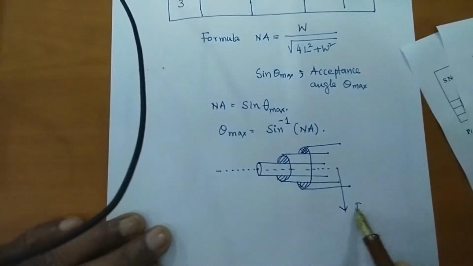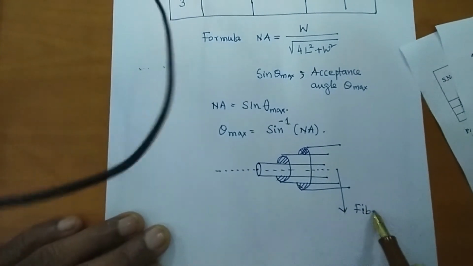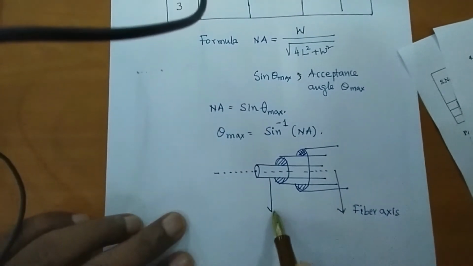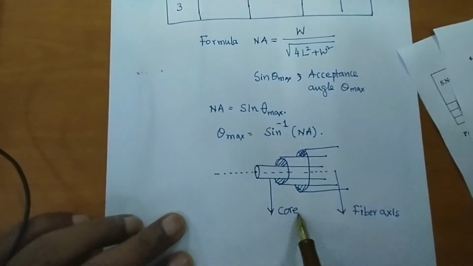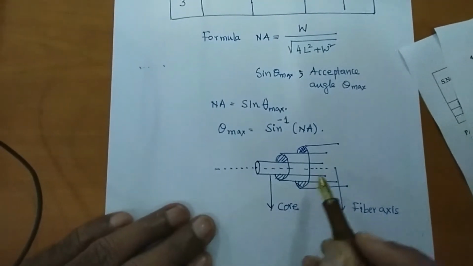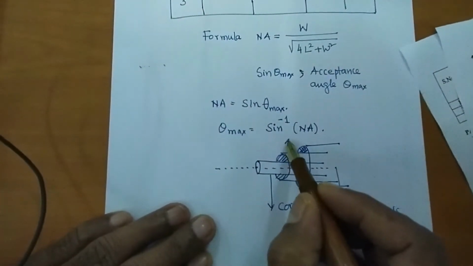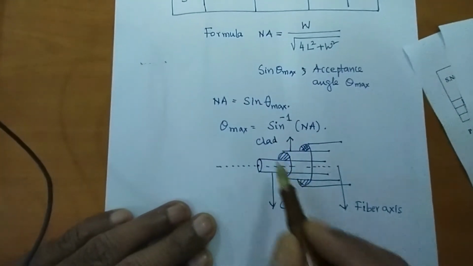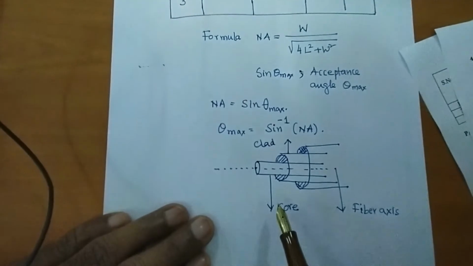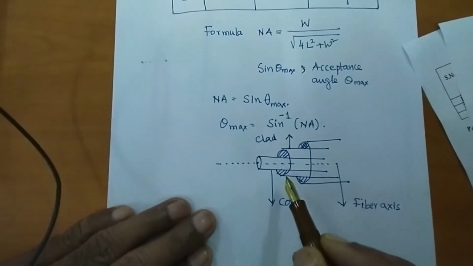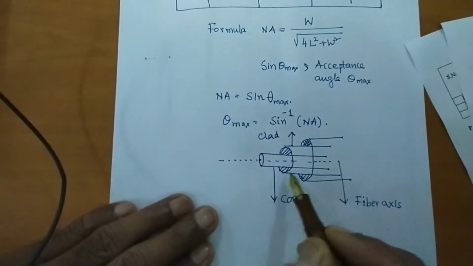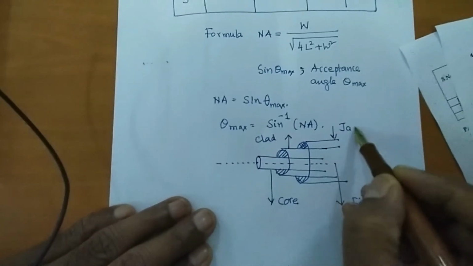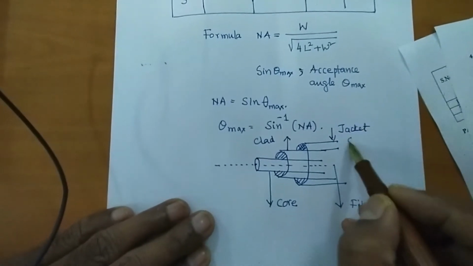This is the fiber axis. The first part we call the core, which is a central part through which light transmits. The second part we call the cladding. So cladding is the part that gives total internal reflection, and the third part we call the jacket, or the sheath.